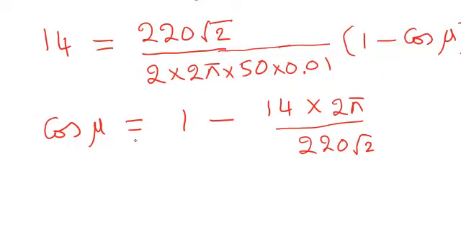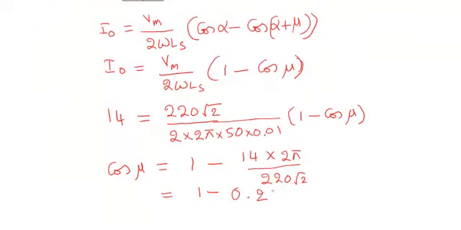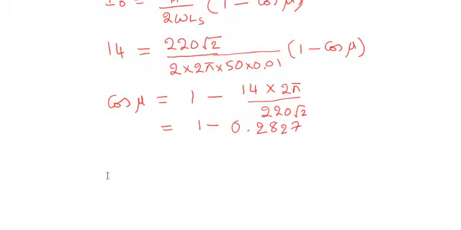So then with further simplification, 1 minus 0.2827, then mu equals cos inverse of 1 minus 0.2827, that is equal to 44.17 degrees.